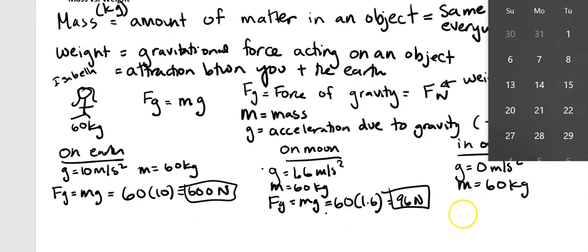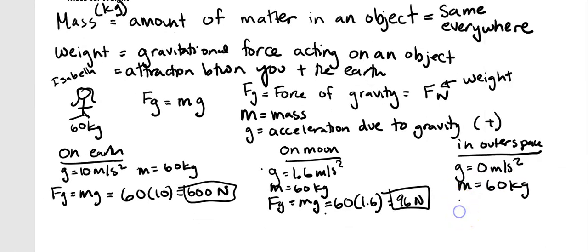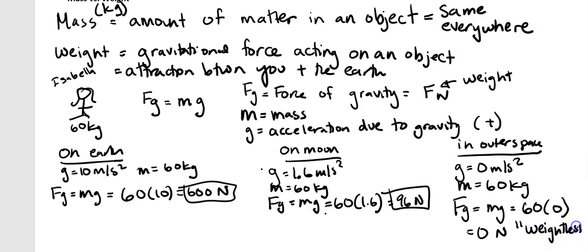Her weight then, oh my goodness, I'm sorry, I struggle with the computer. Let's go ahead and plug it all in. So it's what? mg. So her mass is still 60 times 0. So this is 0 newtons. And in this case, she would feel weightless. So you don't feel weightless because of your mass. You feel weightless because of the force of gravity acting on you.